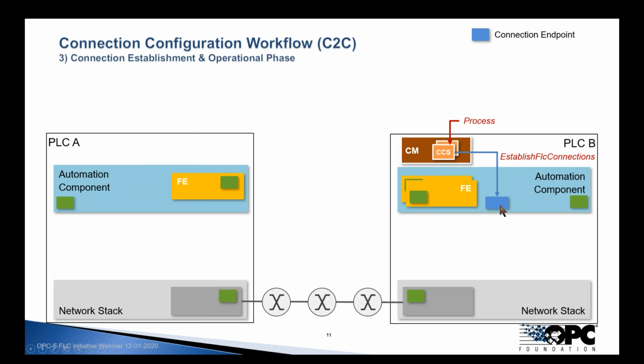This connection endpoint is the representation of the connection inside the automation component. So you see there is an active connection. Then the connection manager will create the communication model. That means it creates a subscriber, that is a pub/sub connection, a dataset reader group, dataset reader, and so on, with the quality of service. And it creates a publisher, writer group, and dataset writer.